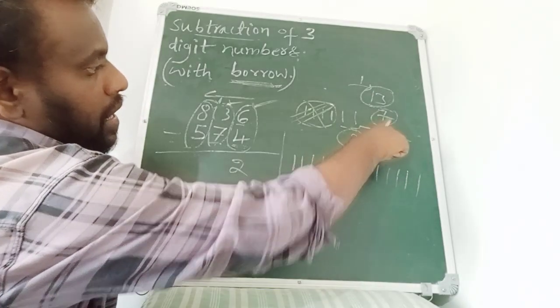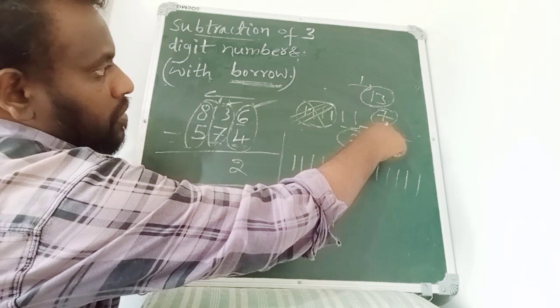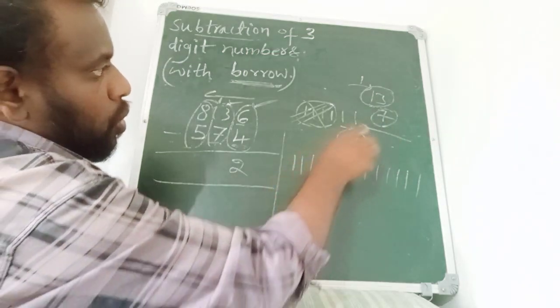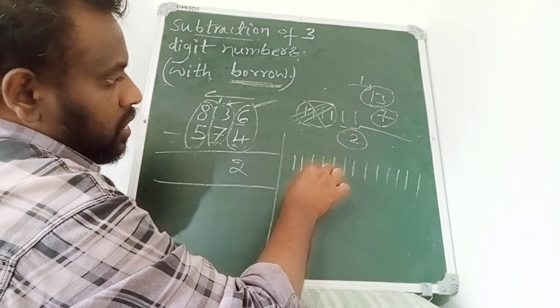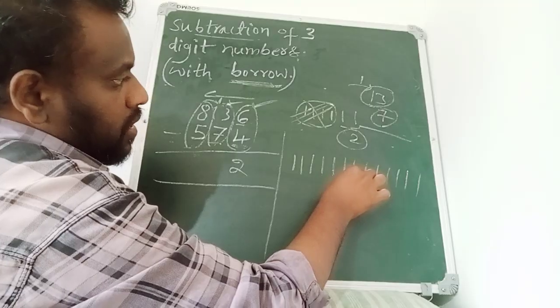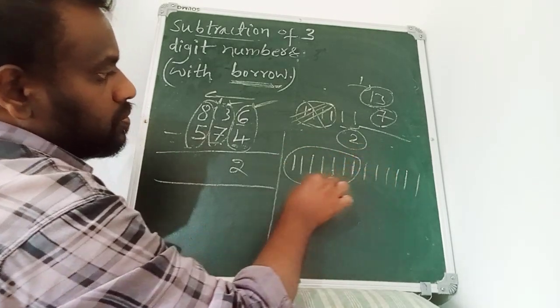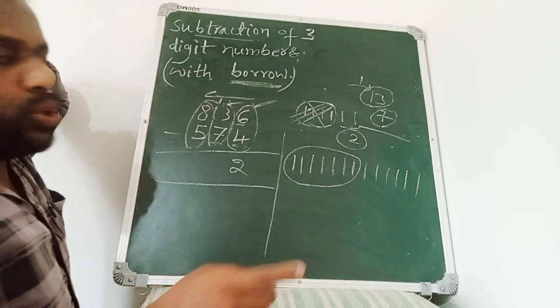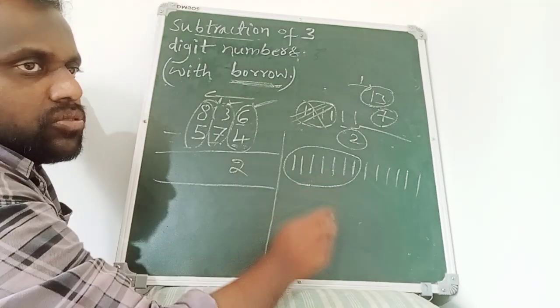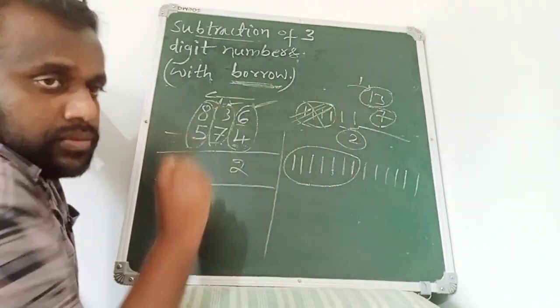First group 7 lines here. Count 7: 1, 2, 3, 4, 5, 6, 7. Till here is 7, so I am going to group these 7 lines because of this 7.